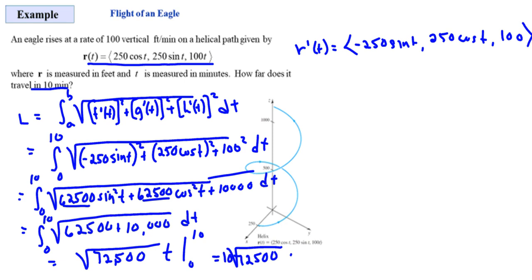So this times 10, we'll put the 10 in the front. Which is approximately 269, approximately the square root of 72,500, and then times that extra 10. Okay, so that gives the approximate number of feet that the eagle has flown in 10 minutes.